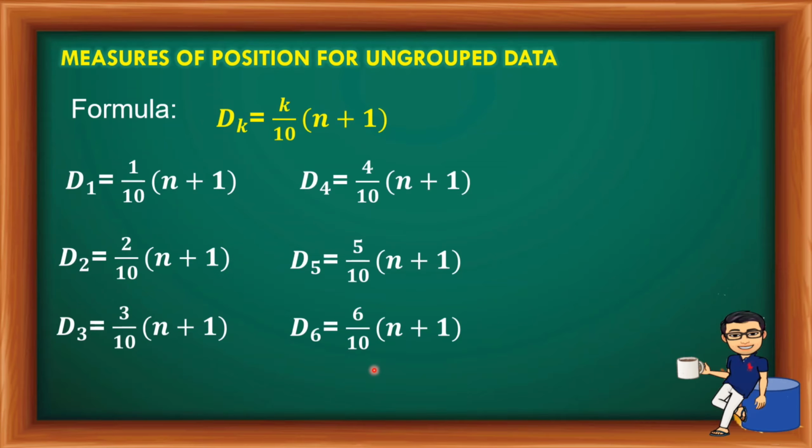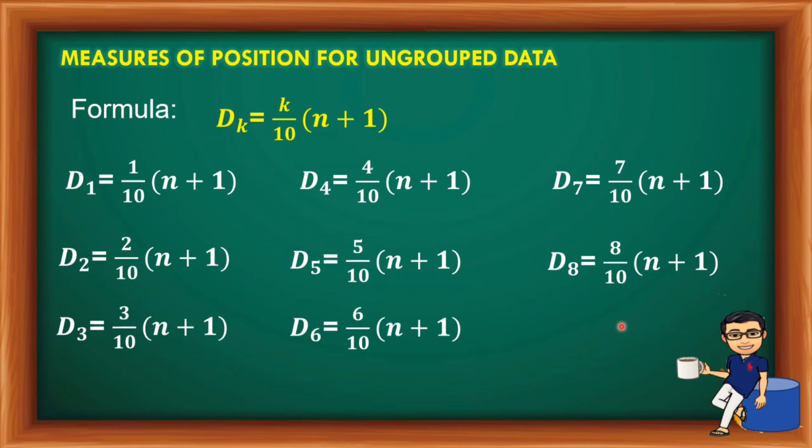The sixth decile is 6 over 10 times n plus 1. The seventh decile is 7 over 10 times n plus 1. And the eighth decile is equal to 8 over 10 times n plus 1. And the last, decile 9, is equal to 9 over 10 times n plus 1. So you will notice sa formula natin, ang pinapalitan lang natin ay yung k. So dahil decile 1, 1 yun, decile 2, 2, decile 3, 3, 4, 4, and so on.